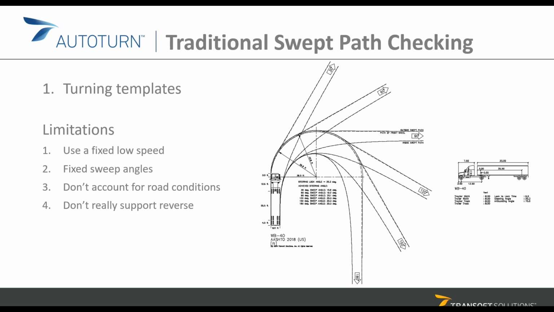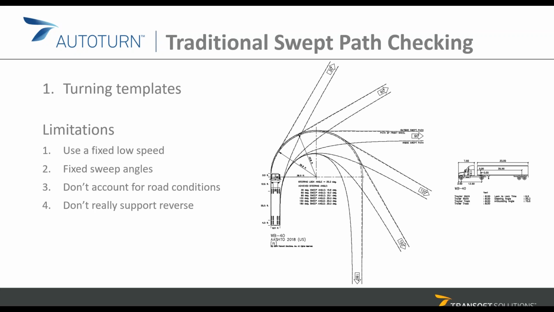Let's talk about some of the limitations of this traditional swept path checking if we use the turning templates as they are in the guidelines. In most of the guidelines, these templates are generated based on a fixed low speed. So there's no variation. Sometimes they indicate a speed of around 5 to 10 miles per hour.